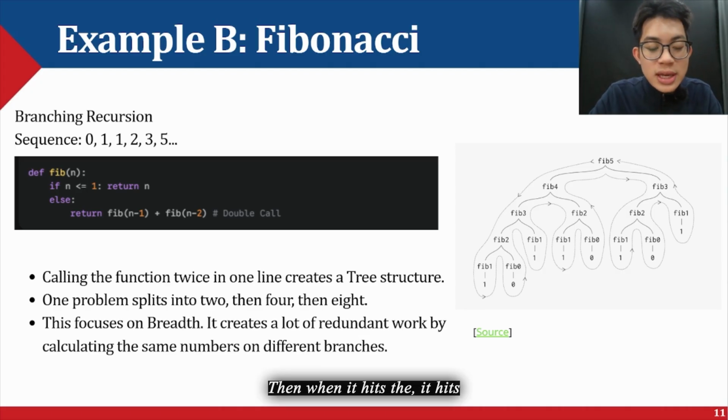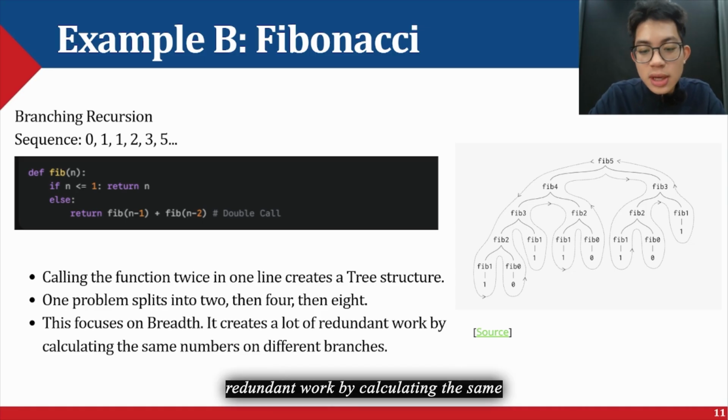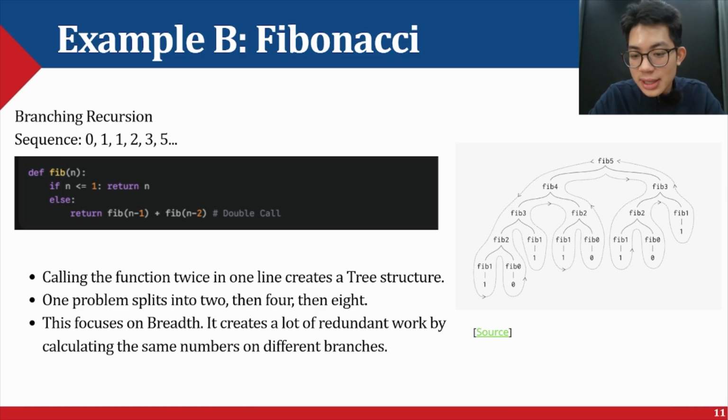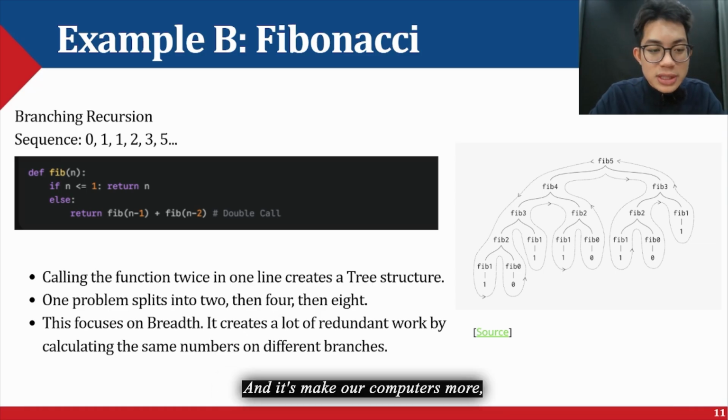Then when it hits the base case, it returns the end values. And this focuses on the breadth, and it creates a lot of redundant work by calculating the same number on different branches, and it makes the computer need to calculate more.